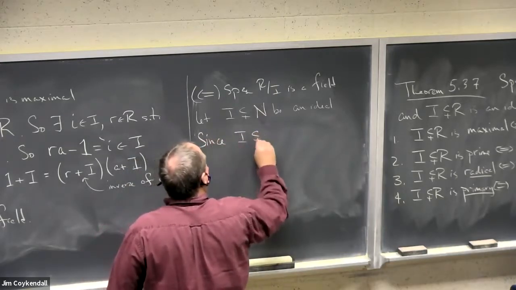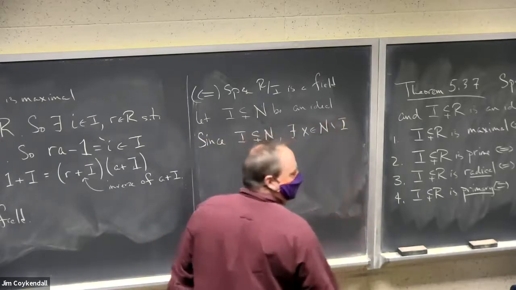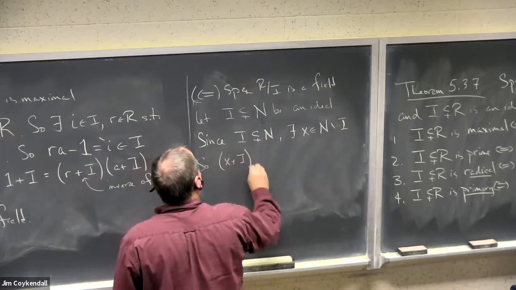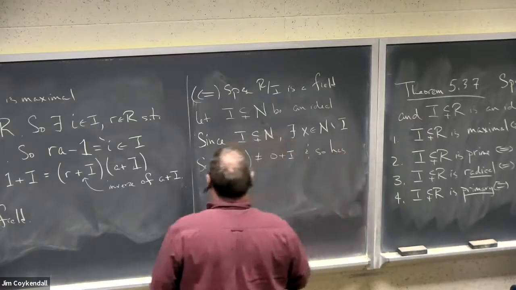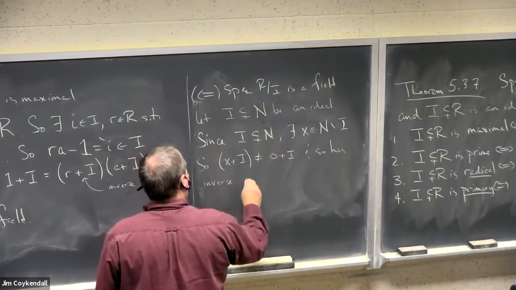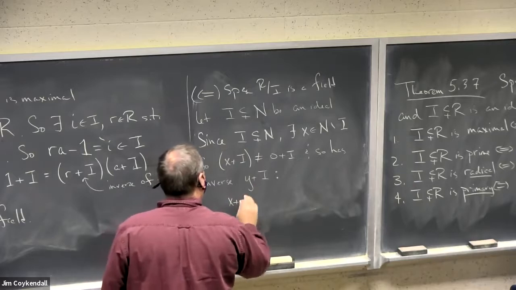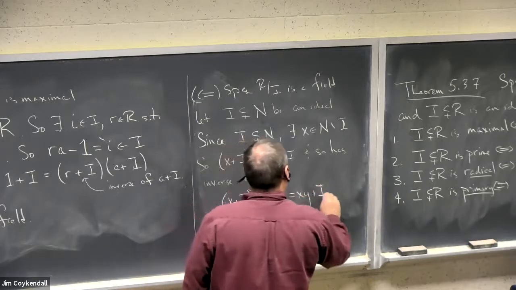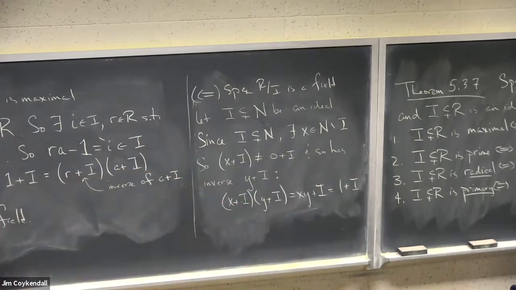Since N strictly contains I, there is this x in N, and it's not in I. So the coset x plus I is not equal to 0 plus I, and so has an inverse, say y plus I. That is to say, x plus I times y plus I equals 1 plus I. So what does this mean?